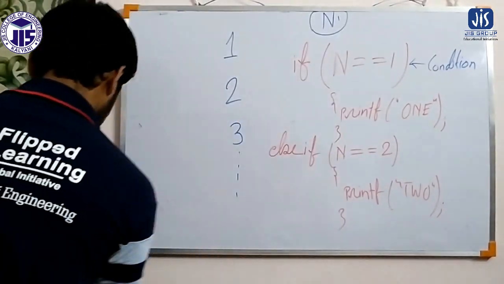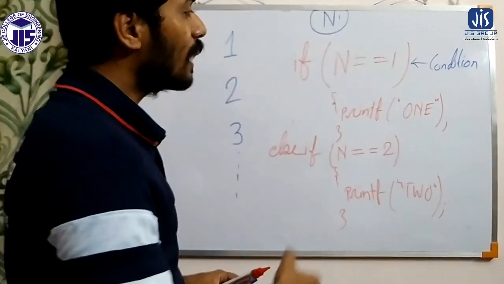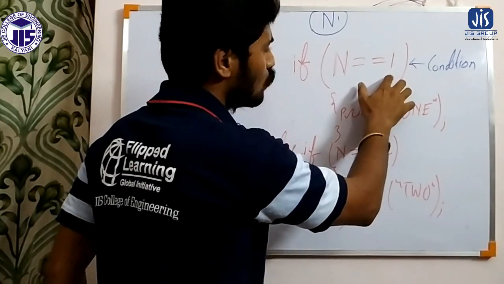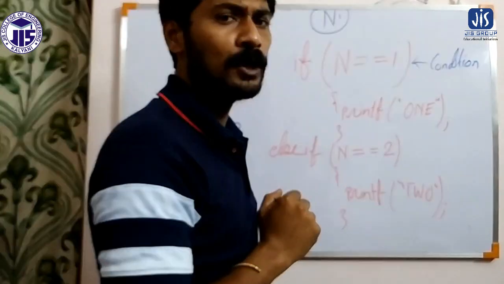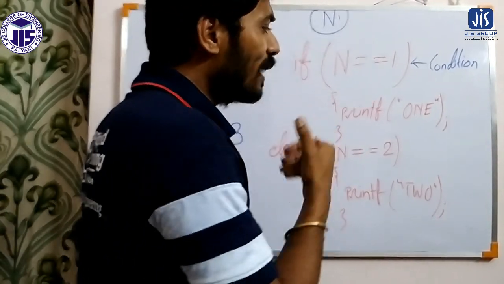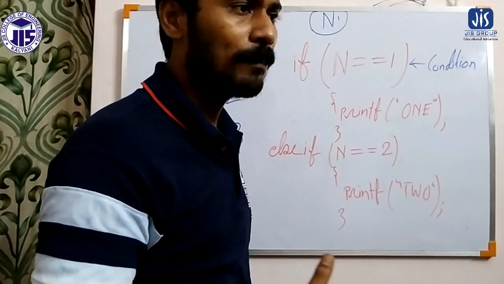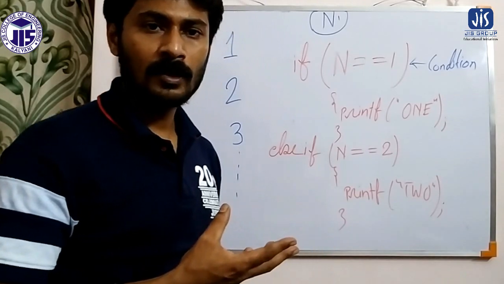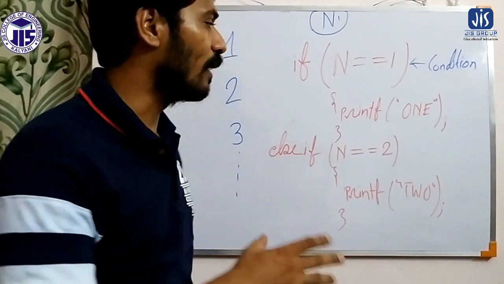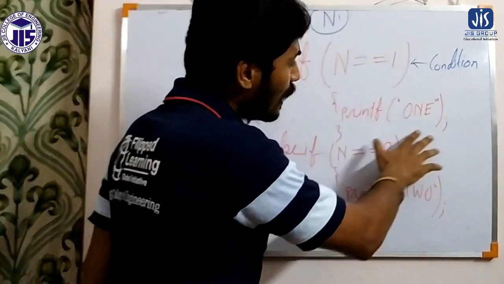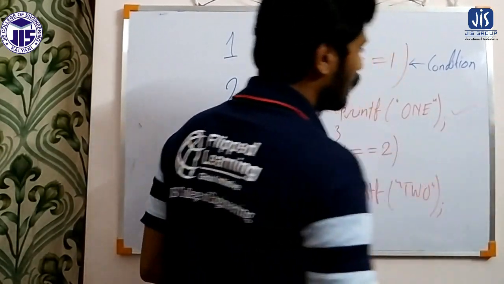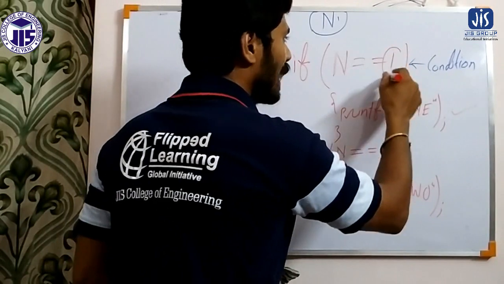Now why are we applying it differently? Because you can see the value of the n variable is 1 here, and here the value of the n variable should be 2. So though we are applying a condition, basically we are depending on the value of the variable. To execute this particular statement, the value of the n variable has to be 1.